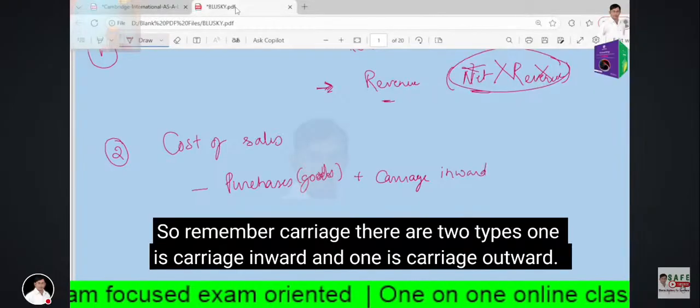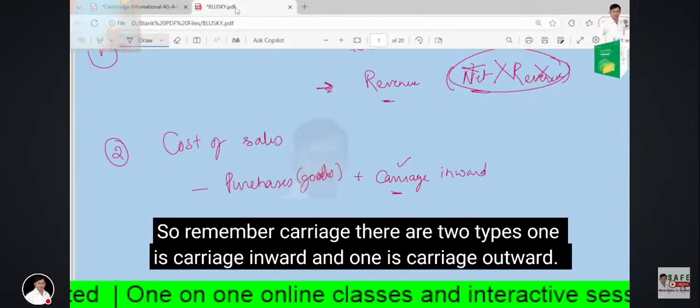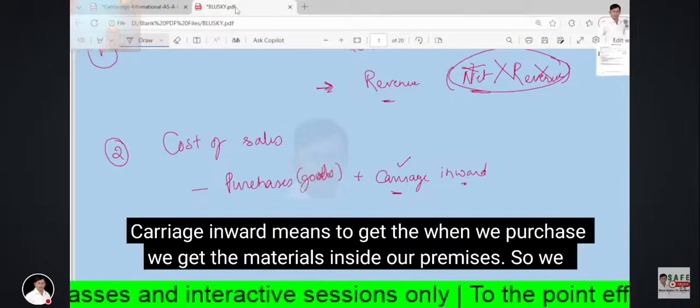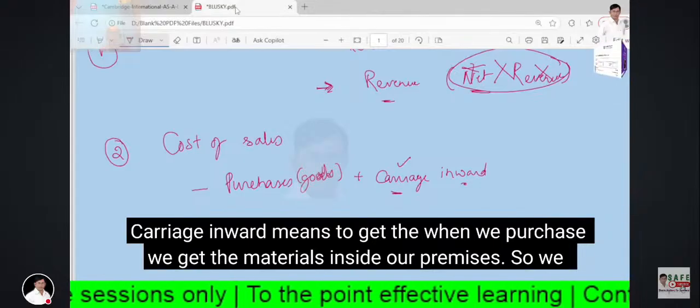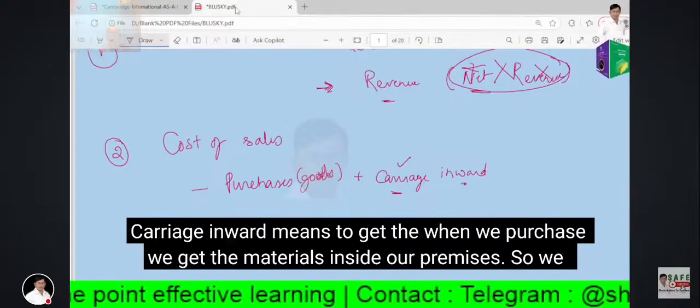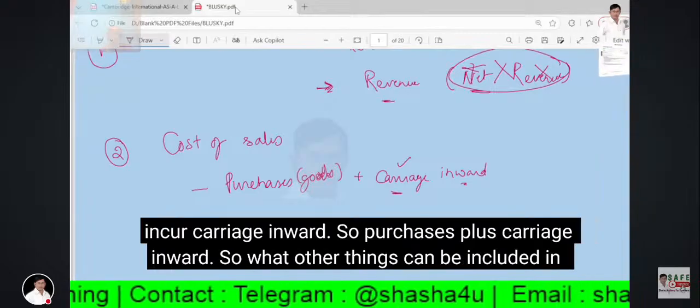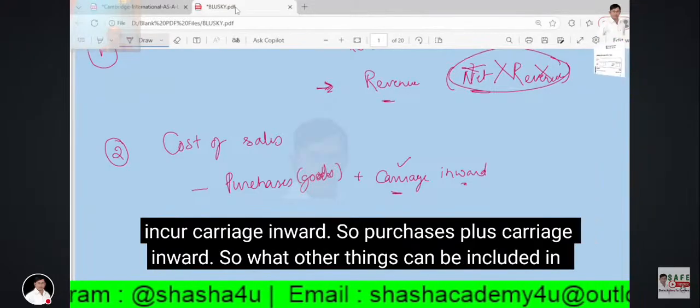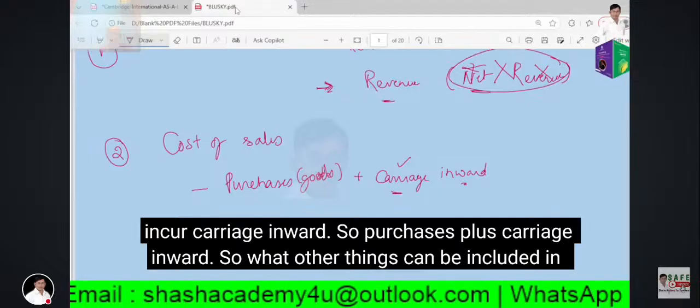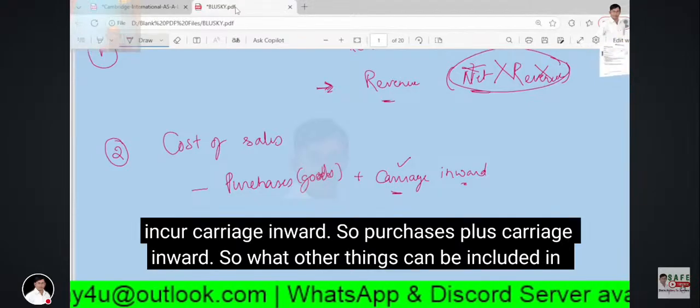Remember, there are two types of carriage: carriage inward and carriage outward. Carriage inward means when we purchase, we get the materials inside our premises, so we incur carriage inward. So purchases plus carriage inward. What other things can be included?